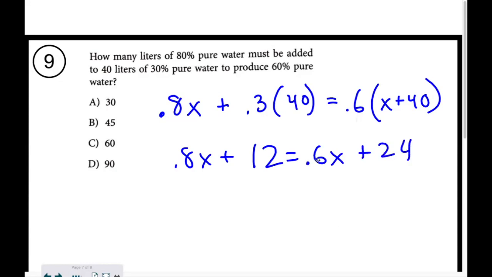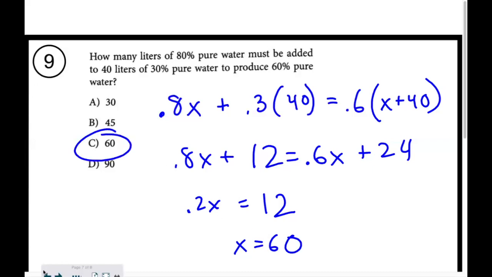And now I subtract the 0.6x to give me 0.2x. I subtract the 12 to give me 12. And if I divide, x is 60. And be careful how many liters that is, x. So in this case, the variable that we solve for is actually the answer. You have to be really careful with those, though.